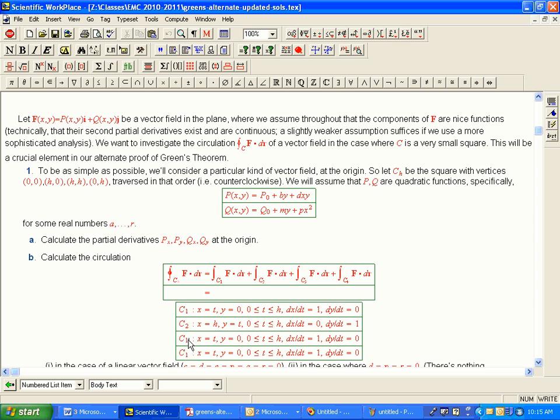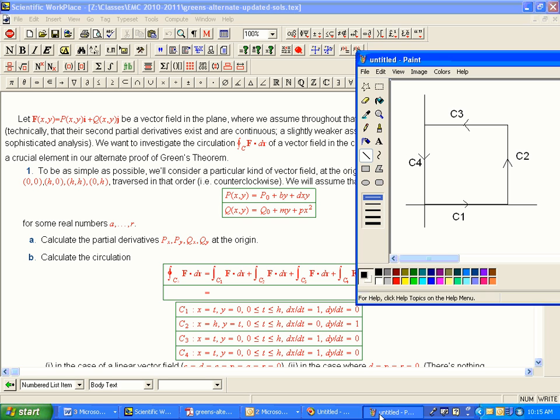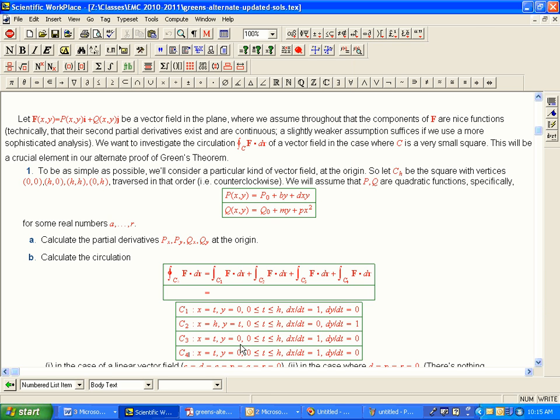Now C3, that's going backwards. We could parameterize it starting here and going here using something like x equals h minus t. But it's just as easy to parameterize it the wrong way and then take advantage of the fact that we can always flip the limits of an ordinary integral. So let's just use x equals t again, and y equals h now.